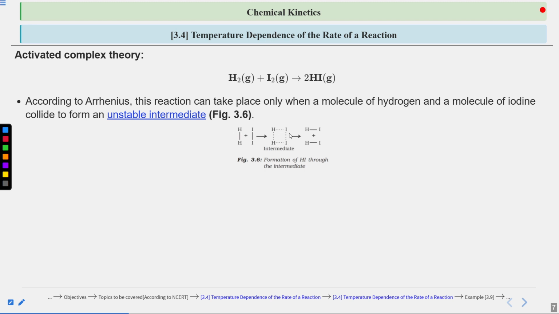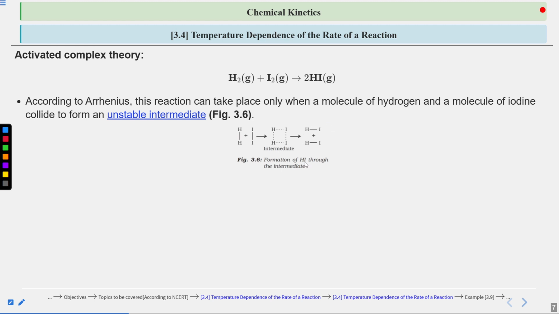This dotted line is showing that a bond is starting to form. So the H and I bond is starting to form, and the H-H and I-I bonds are starting to break.